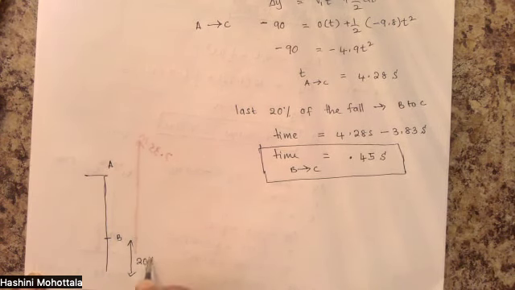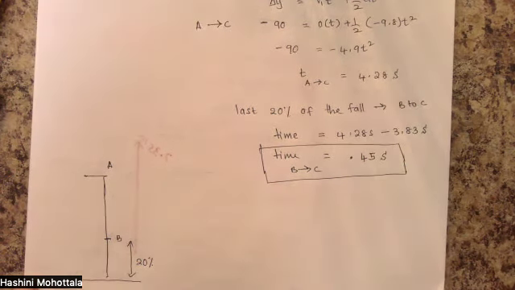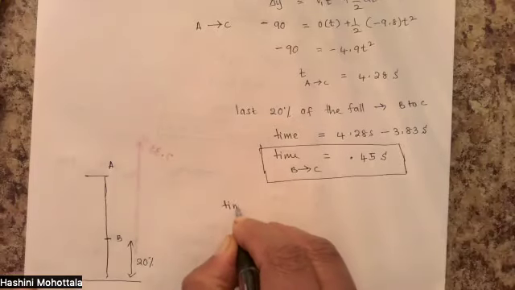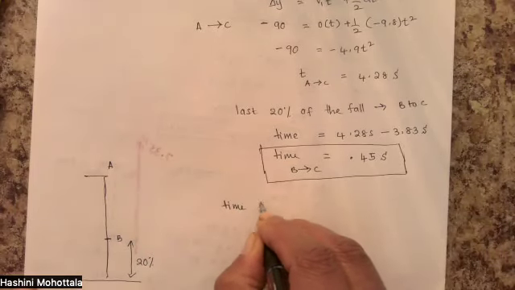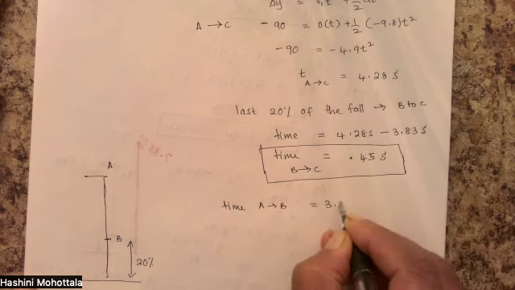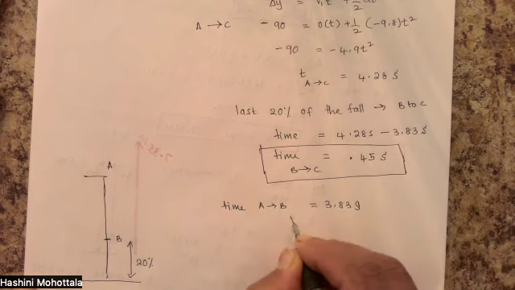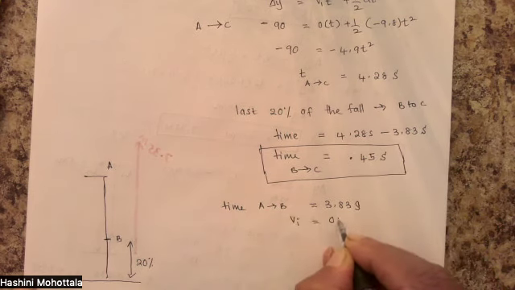I mean, B is the starting point of the last 20% of the fall. Since we have the time from A to B as 3.83, regardless, the initial velocity stays as 0.